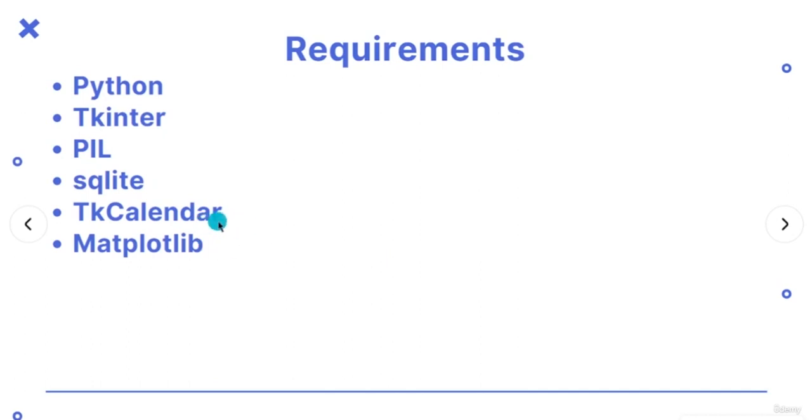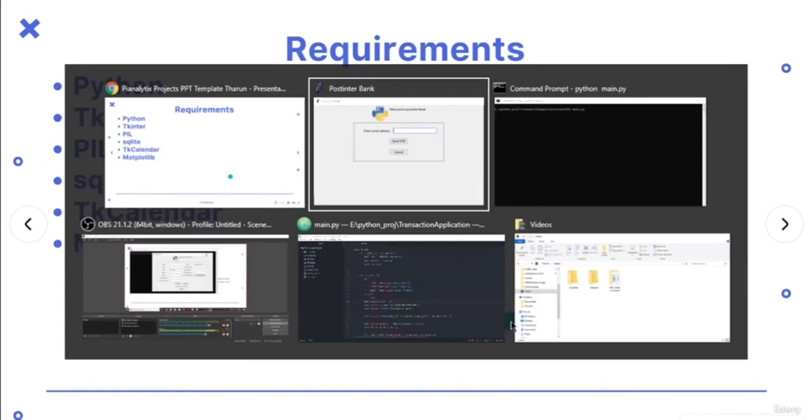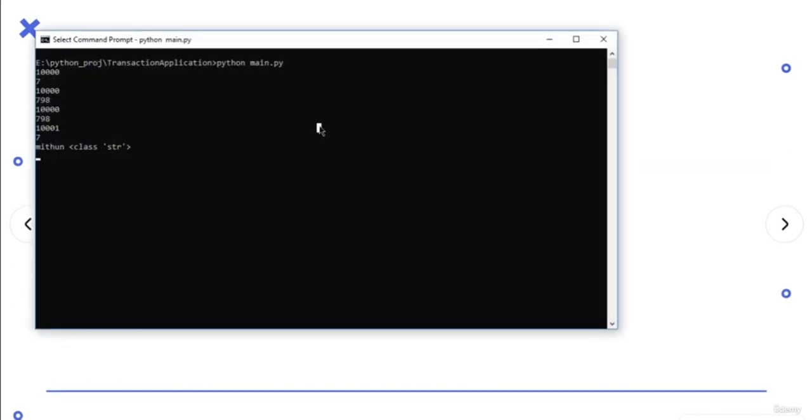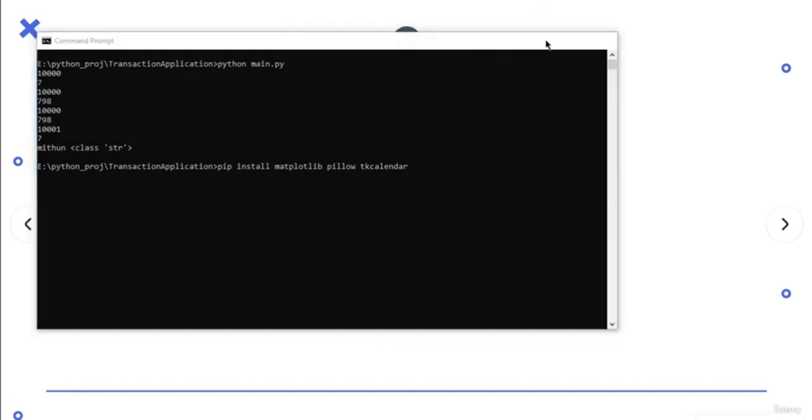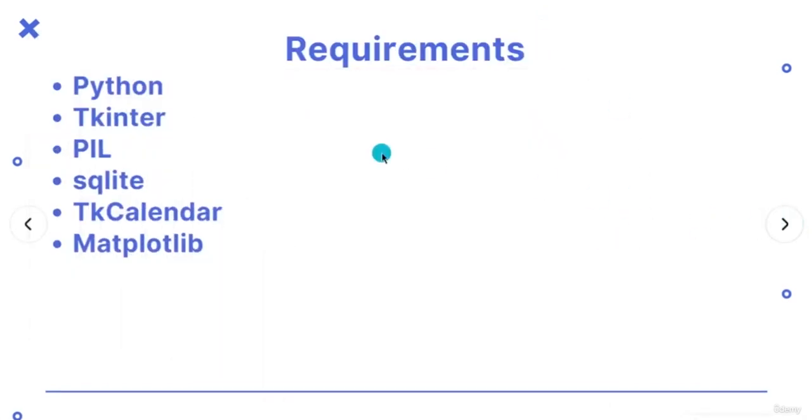You don't need to install some of these if you don't want those features. But if you do want to install them, we hit the command pip install matplotlib, then pillow for managing images, and then tkcalendar. So we'll be needing these libraries. I already have them installed, so that's it.